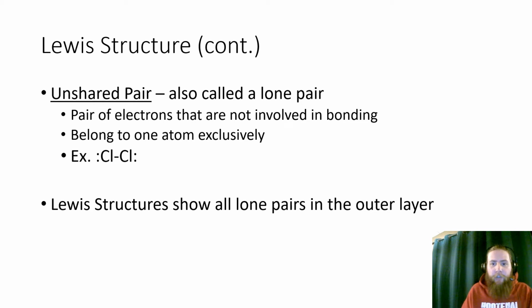So if we have an unshared pair of electrons, let's say they're not involved in bonding, they're just floating around. Remember how in Lewis dot structures we would draw Cl with 1, 2, 3, 4, 5, 6. I'm sorry, those are really small. And 7. I don't think I can make them bigger. We have 7. We'd have this one extra one floating free. So Cl actually ends up having, you can see 2 of these here, but that's not the octet.